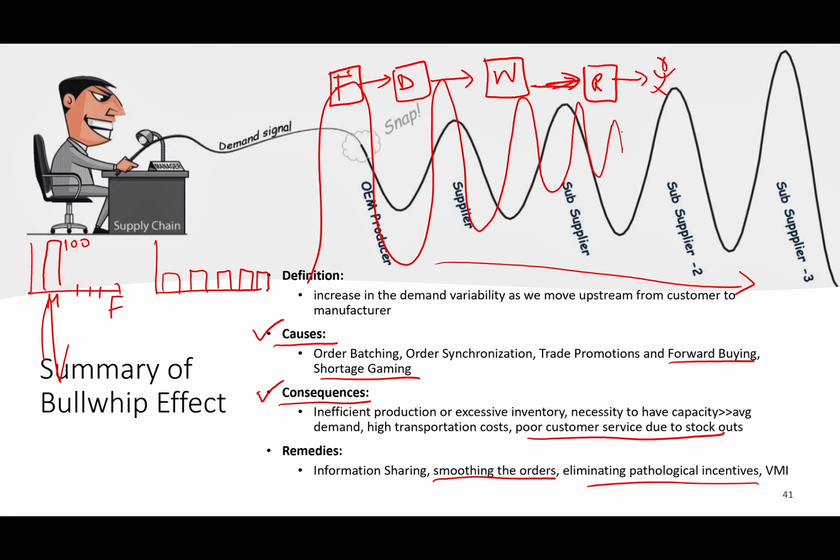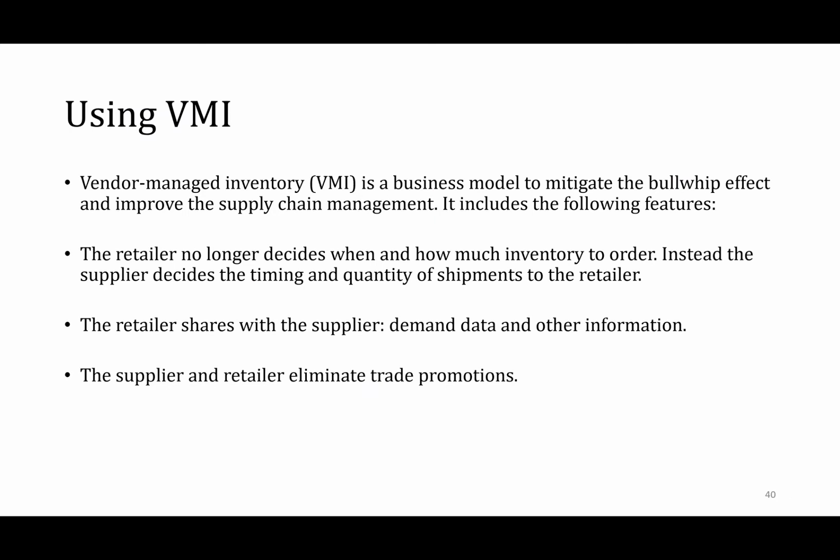Then also, eliminating these pathological incentives like trade promotions, which give people a reason to forward buy or to suddenly increase their orders or the demand for the partner upstream. And then we also spoke about vendor managed inventory, and specifically in vendor managed inventory, we took this example that there are people stocking the shelves of Publix who are not employees of Publix.